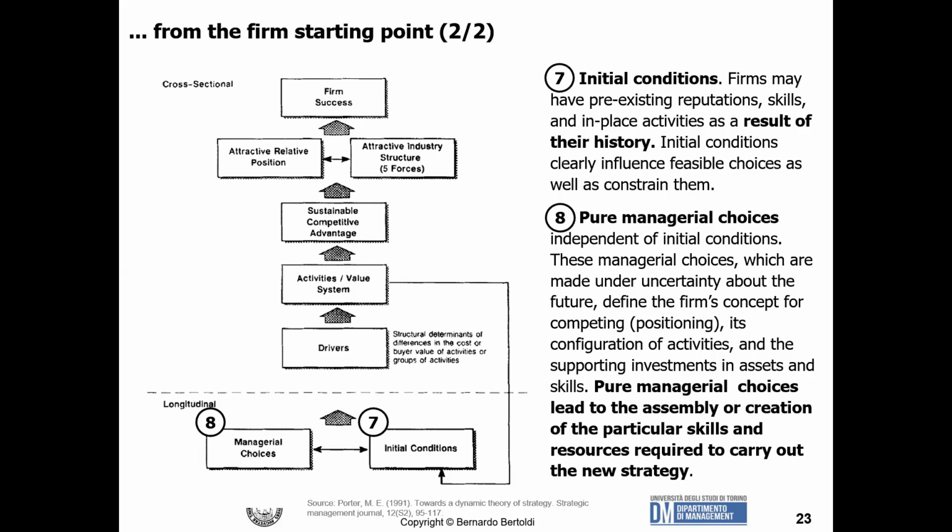And starting from these activities, you have to understand what your possible competitive advantage is. Then your competitive advantage is measured within this tension, which is your tailored, attractive position and the forces in the industry. And passing through this tension, your competitive advantage takes you to firm success.